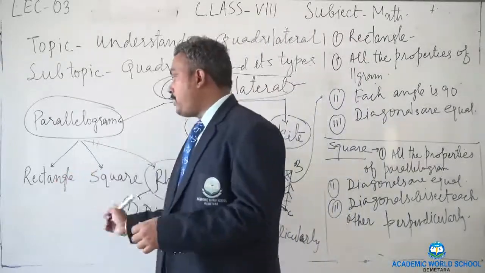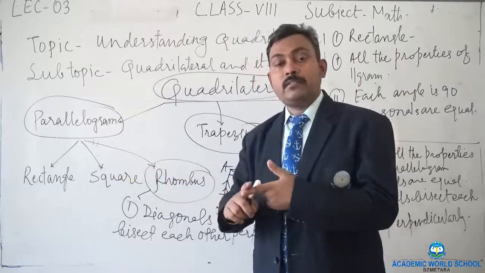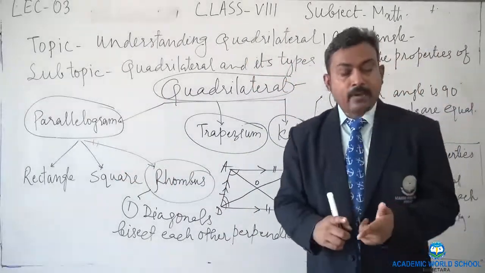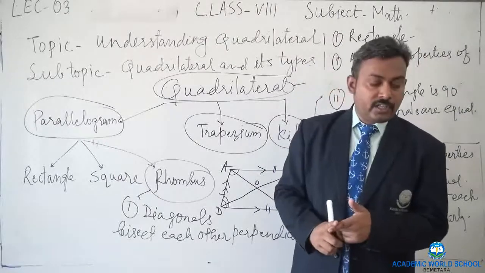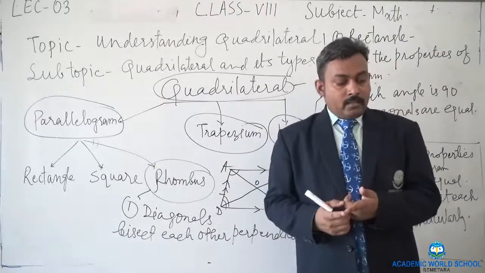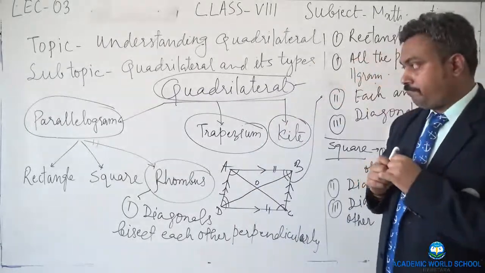Then their properties. The properties of a rectangle: all the properties of a parallelogram, meaning opposite sides are equal, opposite angles are equal and diagonals bisect each other, and apart from that each angle is 90 degrees and diagonals are equal.